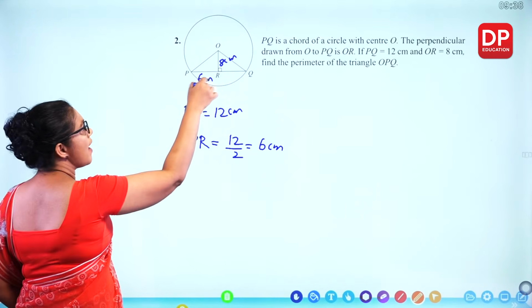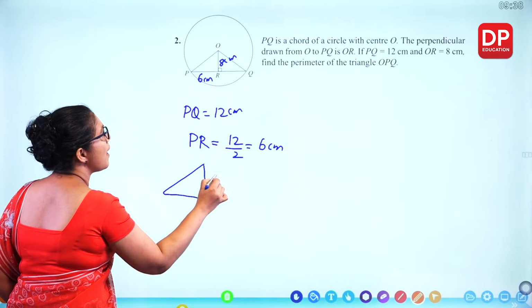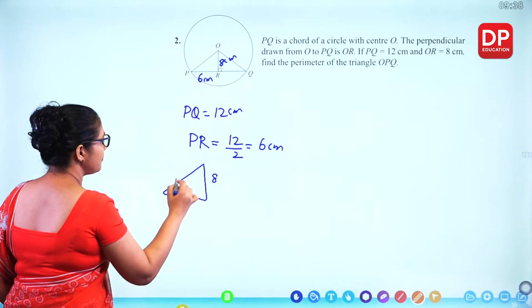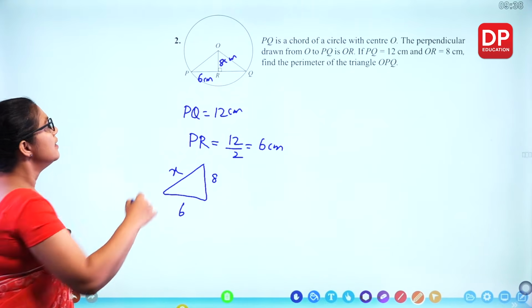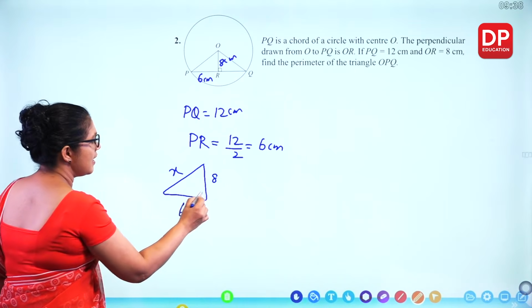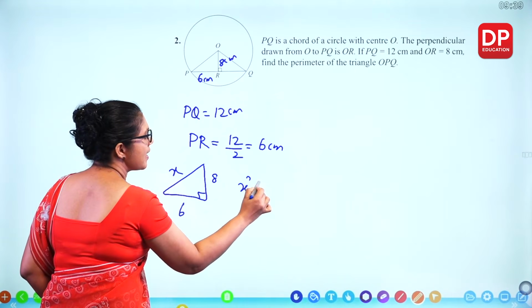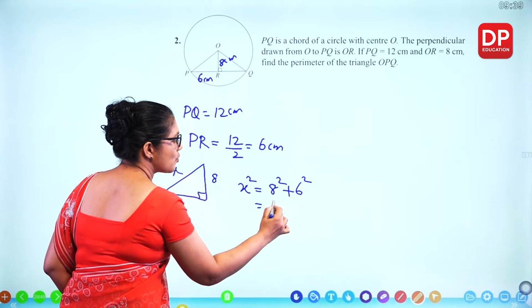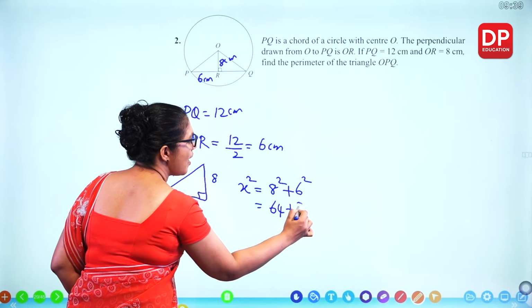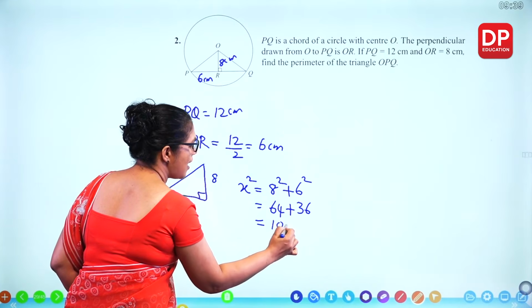Now, this is a right angle triangle. You can use Pythagoras theorem and find out the radius of the circle. So here, use Pythagoras theorem. X squared is equal to 8 squared plus 6 squared. 8 squared is 64. 6 squared is 36. When you add, you get 100.